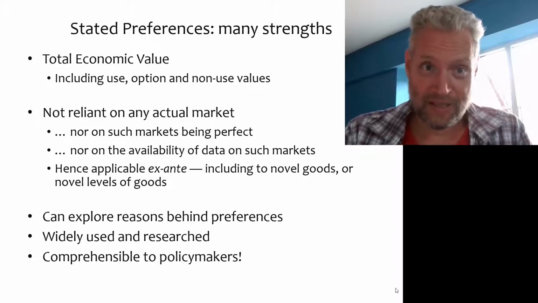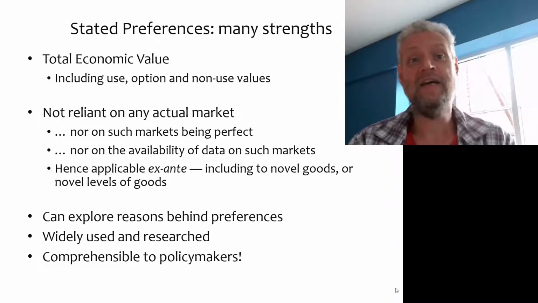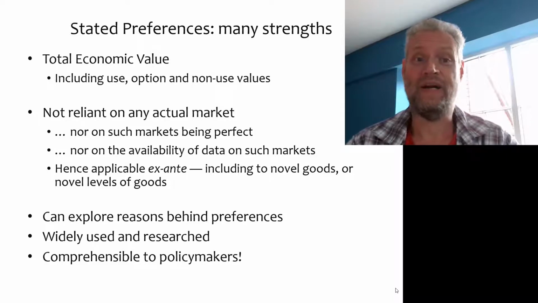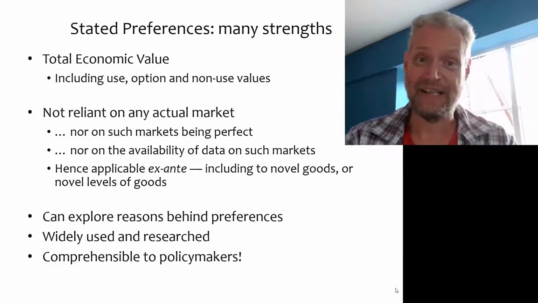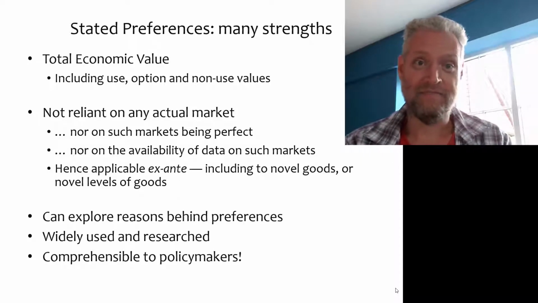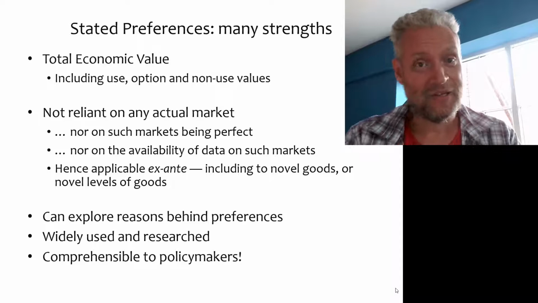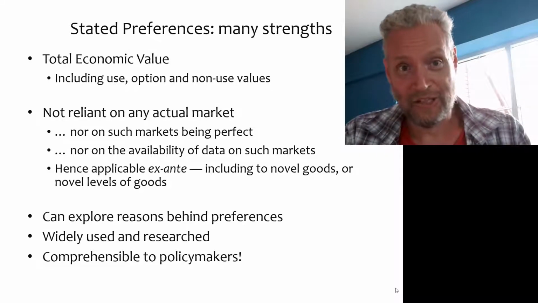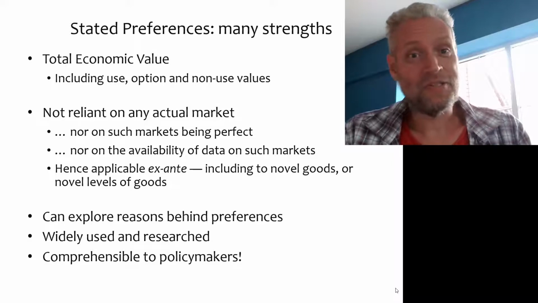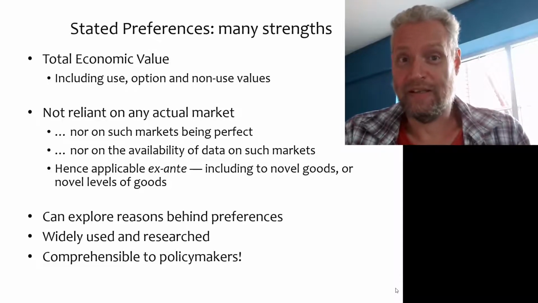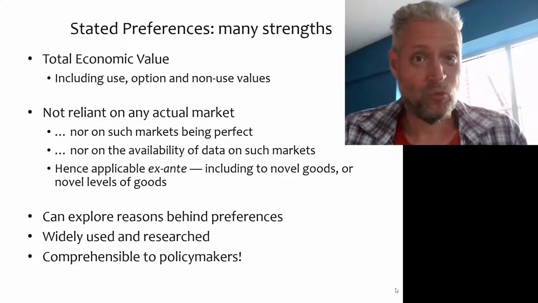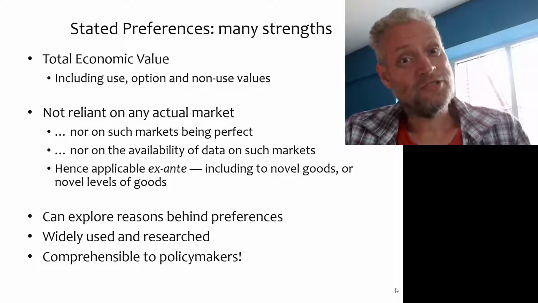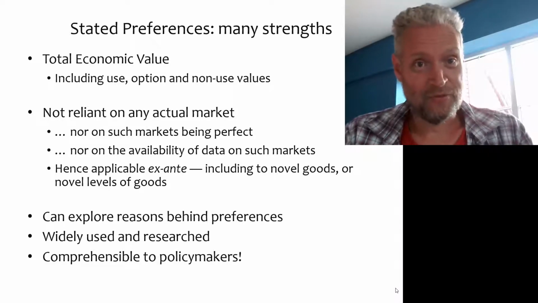You can only use a hypothetical market for that because the toothbrush isn't there, but the same is true for an ex ante evaluation of policy changes that haven't happened yet, or the value of species that still exist but are at the risk of going extinct. And you can, in principle, value the willingness to accept compensation for a particular species going either locally or globally extinct. You can never do that with revealed preference methods because this hasn't happened yet, fortunately.